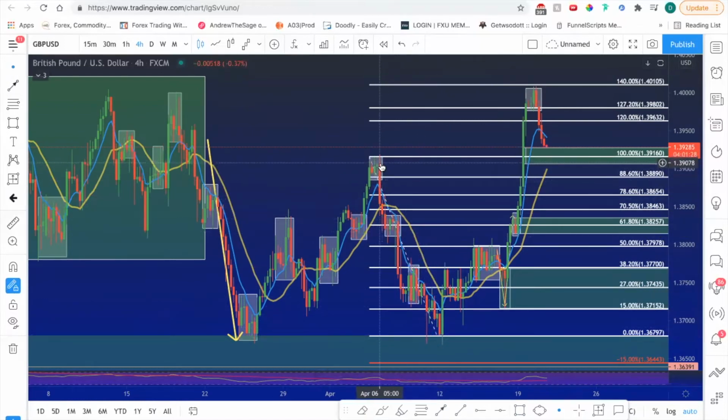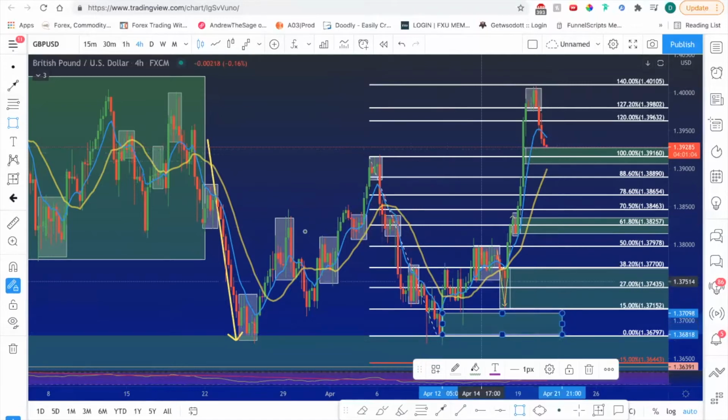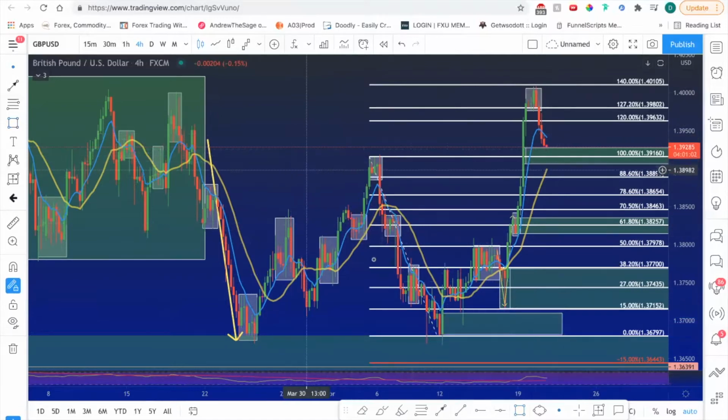Remember how I told you, you can measure the order block. You see the bullish order block, the red candle before the engulfing green candle, right here. All you had to do was look at that candle. Like I showed you, you can measure that candle.